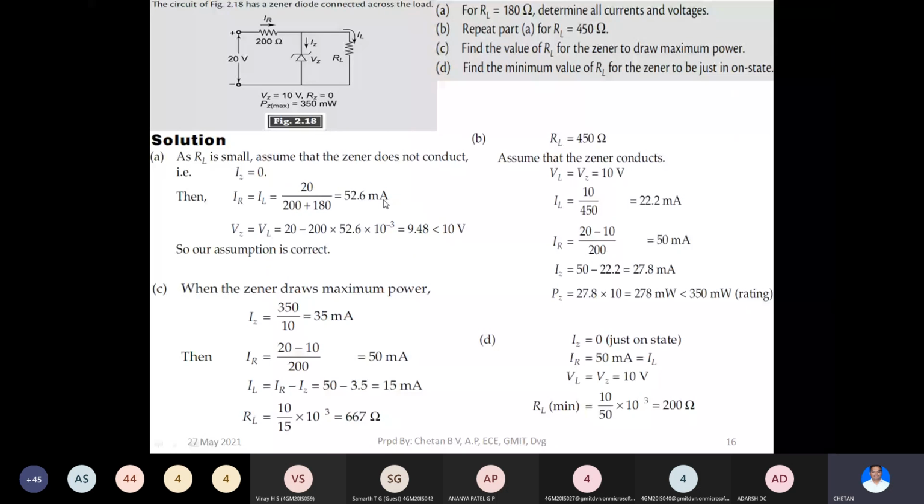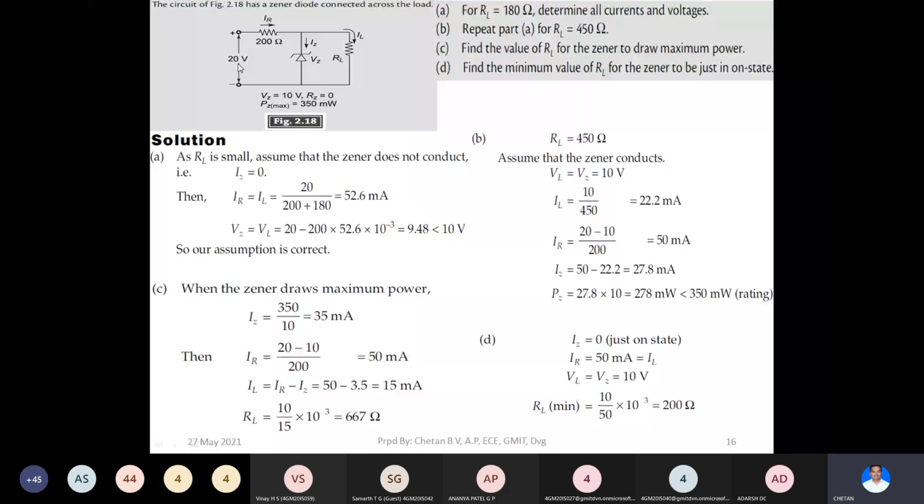After getting the value of IL and IR, what you do is you use this value of IR to find out the value of VL. So how you can find out the value of VL is, here you have the source voltage 20 volt. This is not conducting. This is not conducting means this is open circuit here.